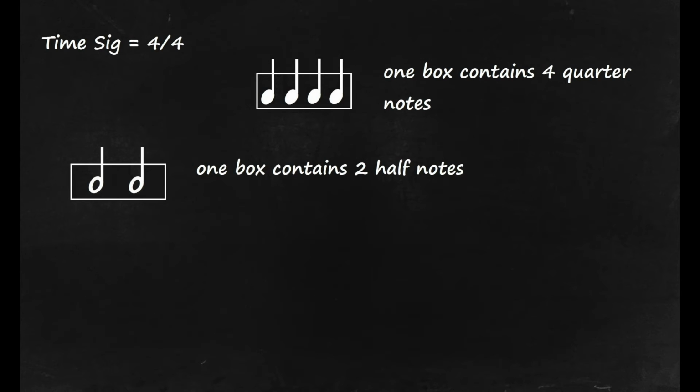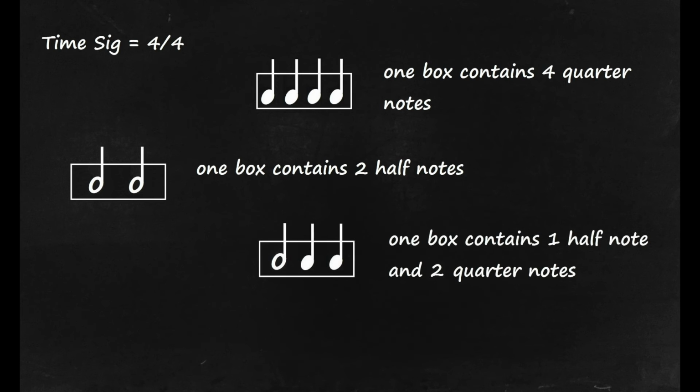One box could also contain 2 half notes, as 2 half notes will occupy the same space over time as 4 quarter notes. One box could also comprise 1 half note and 2 quarter notes.